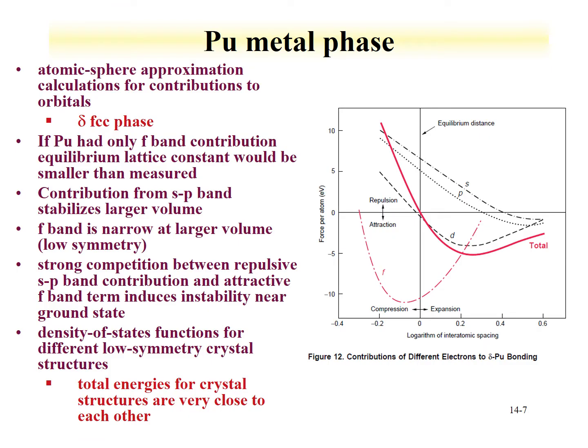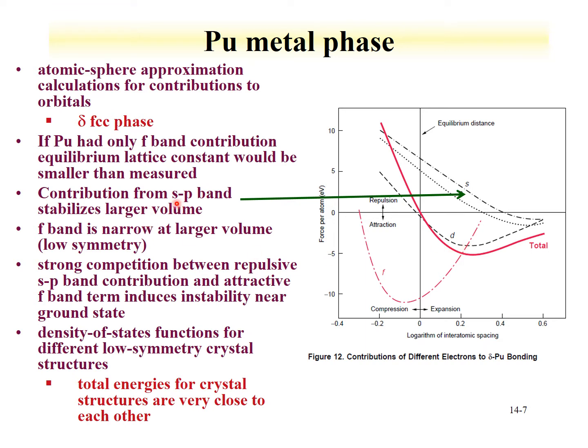An example of the mixing of different electron orbitals in the development of plutonium metal can be shown here with delta plutonium, which has the FCC phase. The total contribution is shown in this solid red line. Now, if plutonium was only consistent with the f electron band, the lattice constant would be smaller than measured. It would be dominated by this.